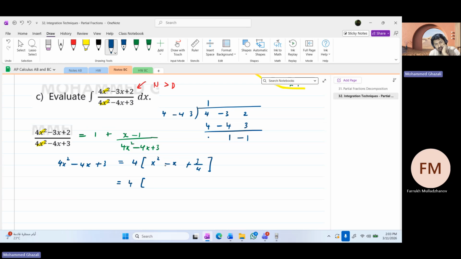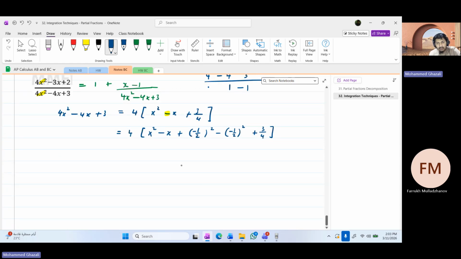So x squared minus x plus something squared minus something squared plus 3/4. That something is minus half, right? You take the coefficient of x, divide by 2 and square it. Minus half squared is minus a quarter, plus 3/4 is 2/4, which I'll leave as 2/4 for now.